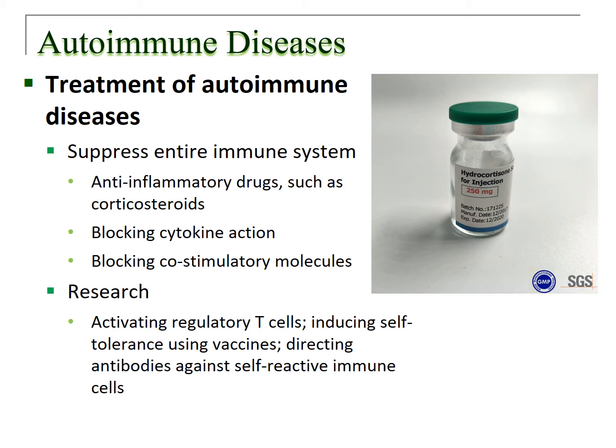So at the end of the last chapter, there was a summary of types of immune cells, and there's one that I should have gone over, and that's suppressor T cells, which actually dampen down the activity of the immune system when it no longer is needed to function. So you can activate these regulatory T cells, you can induce self-tolerance using vaccines, and you can direct antibodies against these lines of self-reactive immune cells.